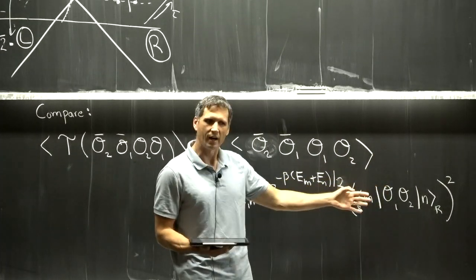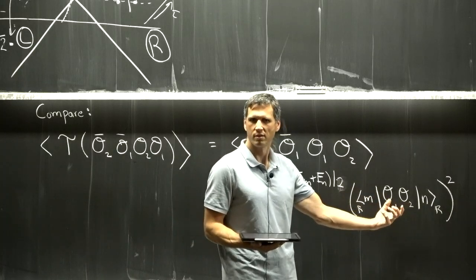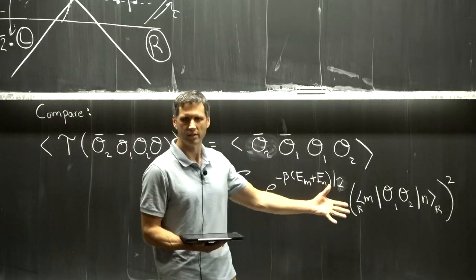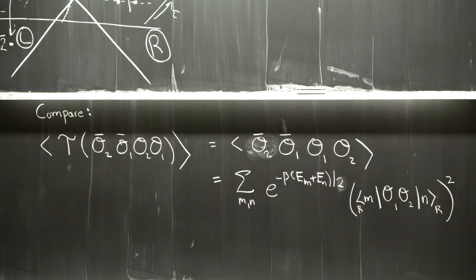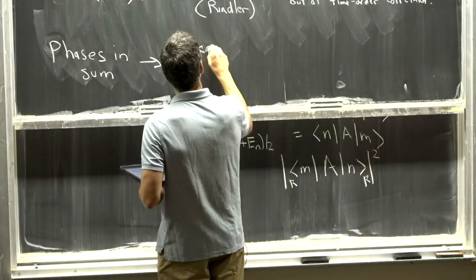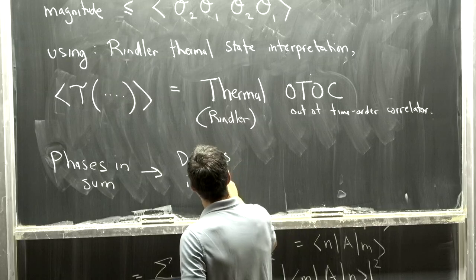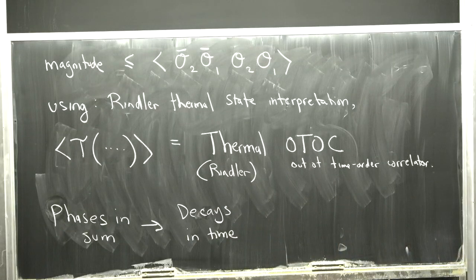But if you evolve it in time, you'll have a sum with a bunch of random phases in it, and those will tend to cancel out. So this thermal OTOC will tend to decay. The phases in the sum cause this thermal OTOC to decay in time, and the way in which it decays is a signature of quantum chaos.